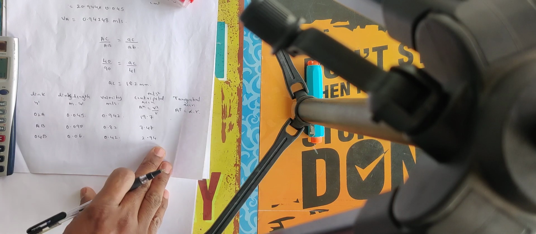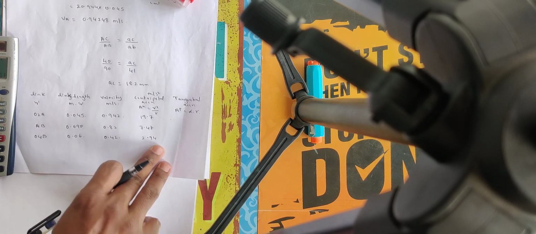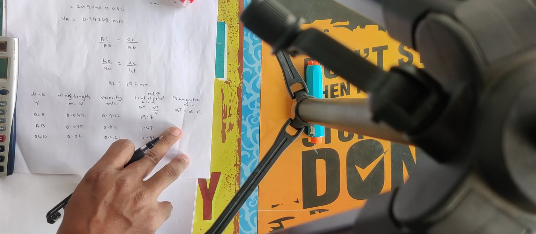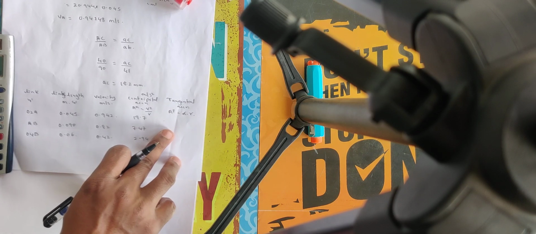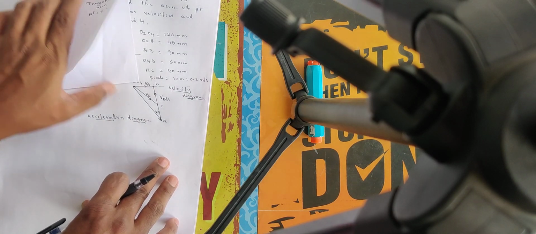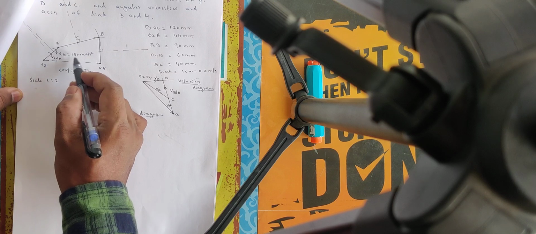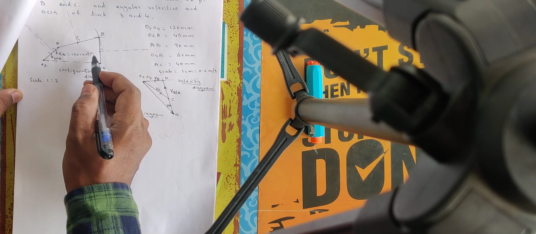So then what we are doing is, we will be checking whether there is a tangential acceleration possible or not. So if you see the figure here, in the figure they have mentioned the tangential acceleration of 150 radians per second square.